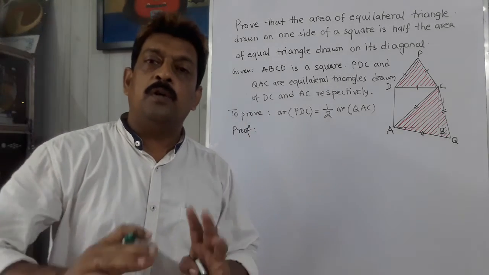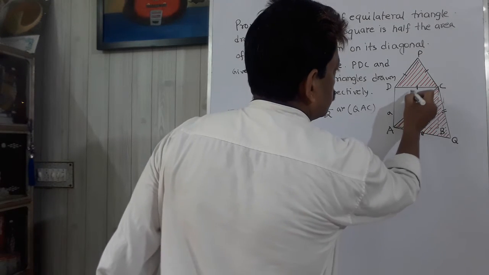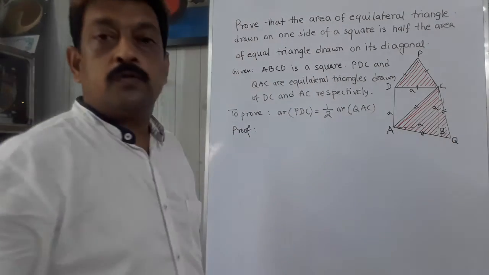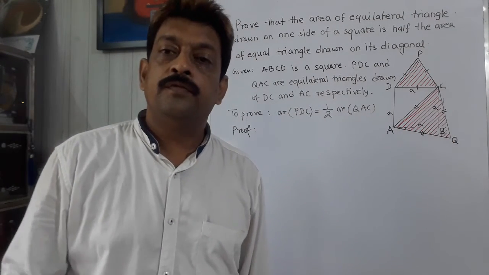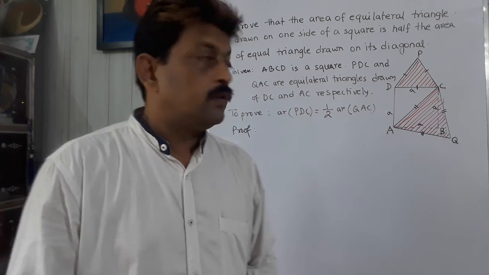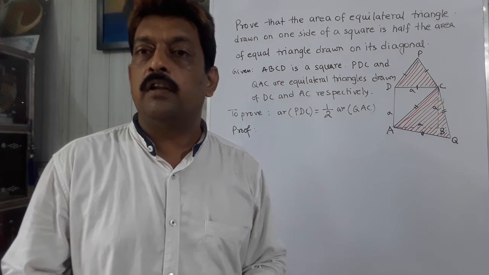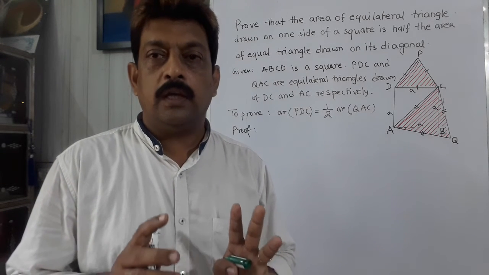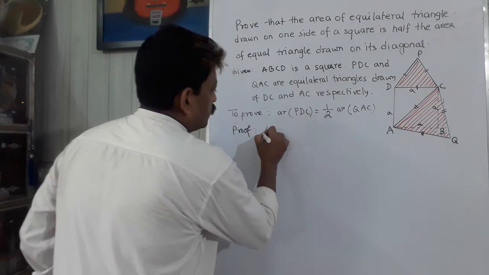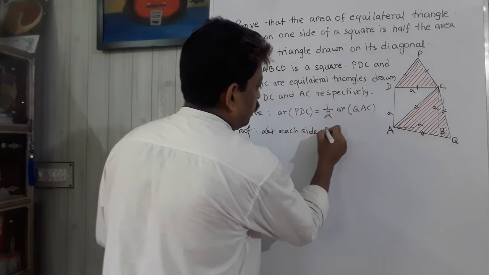Now let a be the length of each side of the square. So what will be the length of the diagonal? We know the formula: it is root 2 times the side. So if a is the length of each side of the square, then the diagonal will be root 2 a, root 2 multiplied with a.